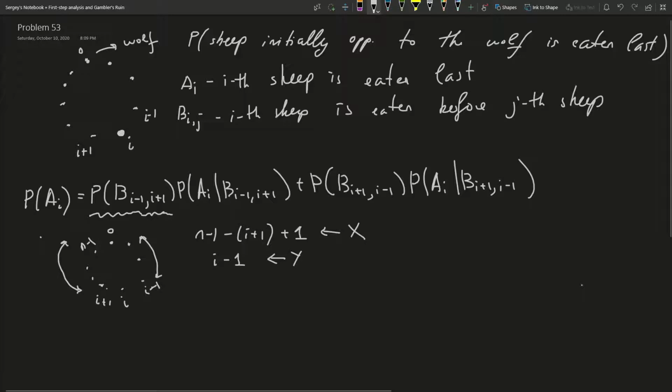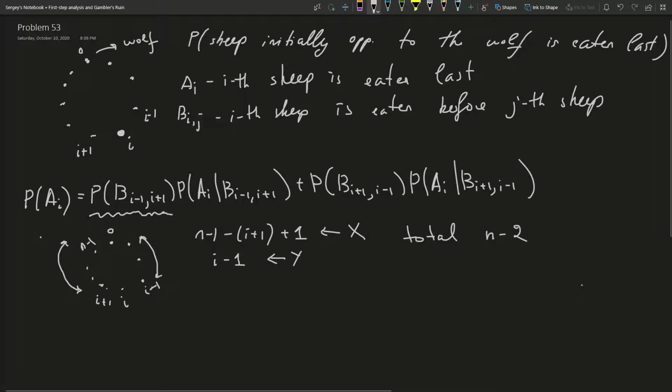So adding these two values up, we see that in total, we have n minus 2 entities. So in terms of the gambler's ruin problem, we have n minus $2. And what we would like is for x to win, because we'd like I minus 1 to be eaten before I plus 1. So in terms of the gambler's ruin problem, we'd like I minus 1 to be reached first. So we'd like the money of y to be depleted first. In other words, we'd like x to win.